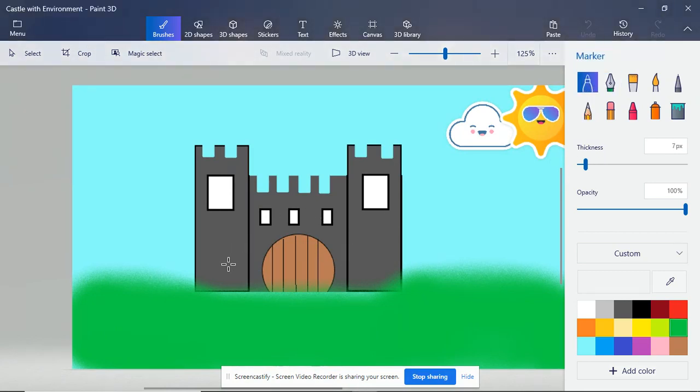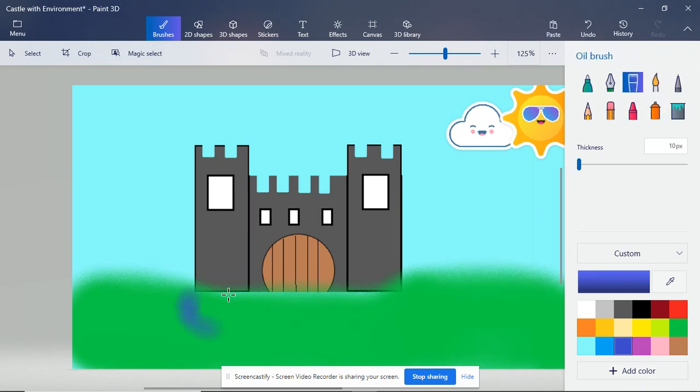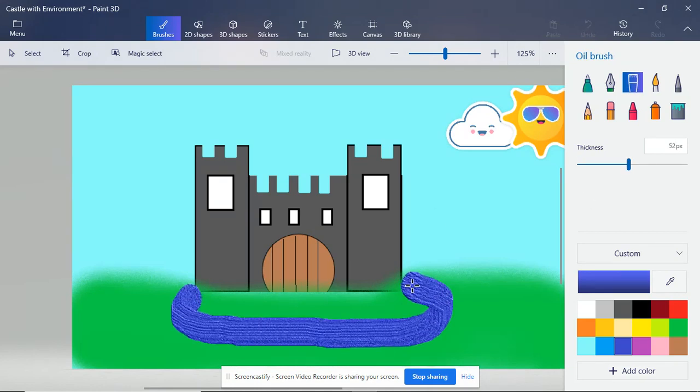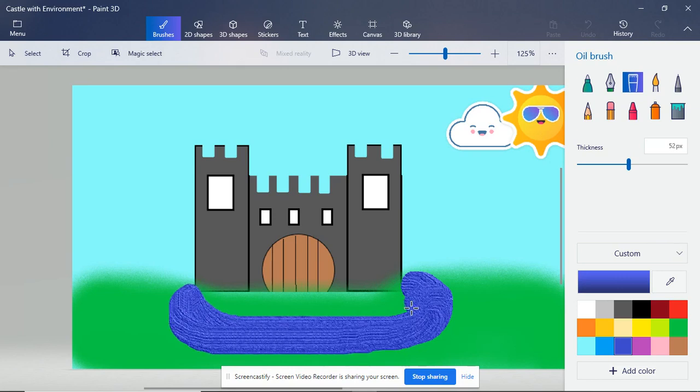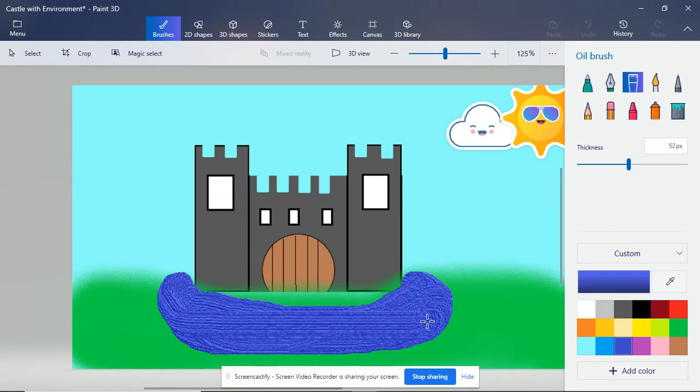First off, it's got these huge walls and a big door. But I'm also going to add a little moat. I'm going to add this moat or water that will hopefully prevent anyone from getting near my castle here.